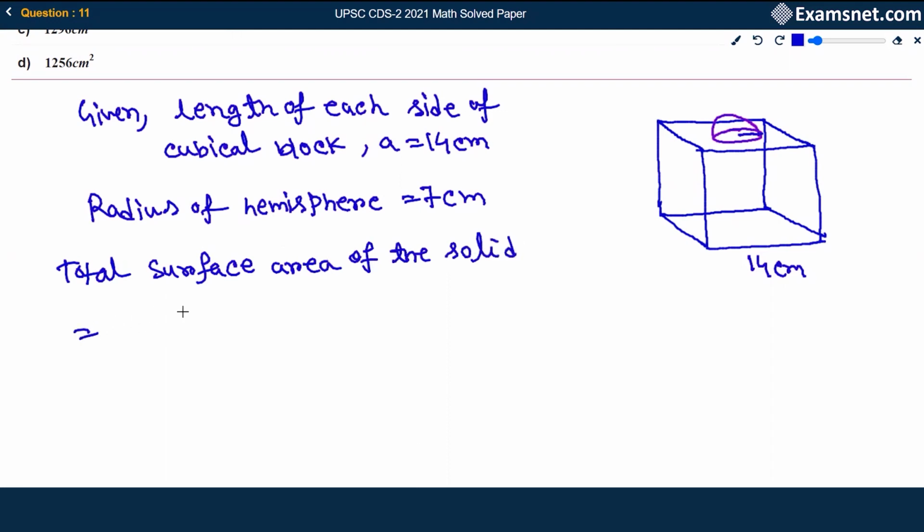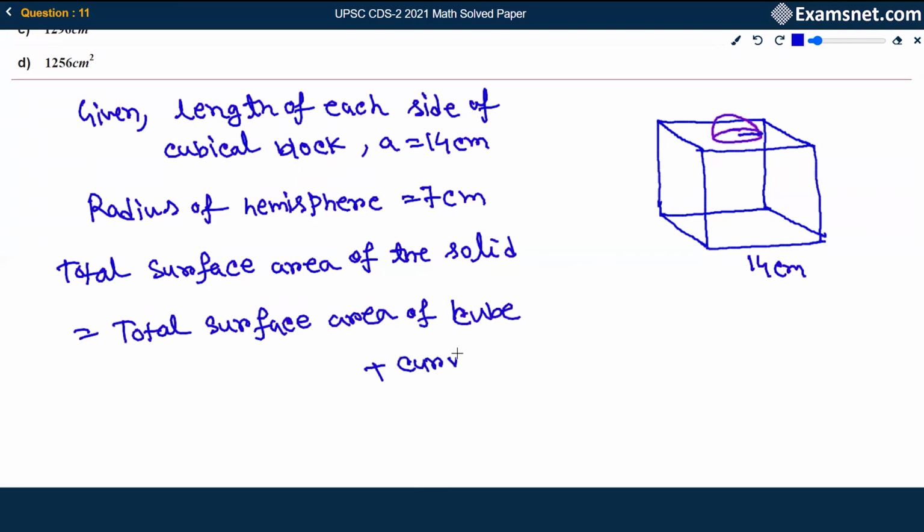So total surface area of the solid, that will be, first of all, total surface area of the cubical block, plus curved surface area of the hemisphere.